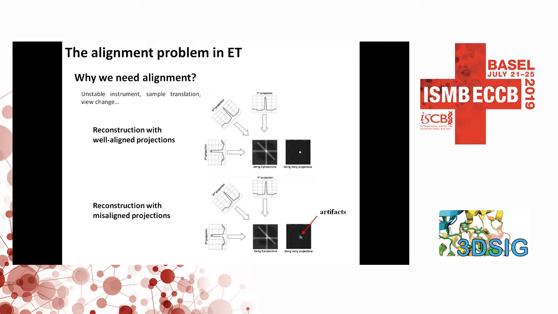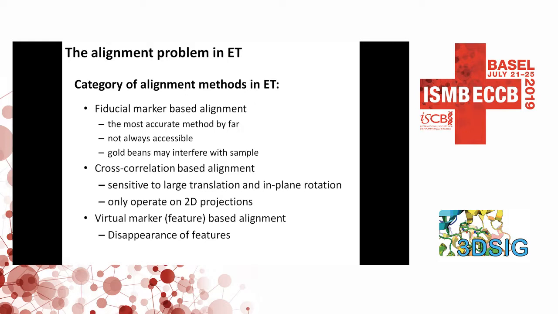However, if it is misaligned, we get a misaligned tilt series, and solving the inverse problem in the wrong way gives a point with artifacts, which degrade resolution. This is why we need alignment to fix the problems.